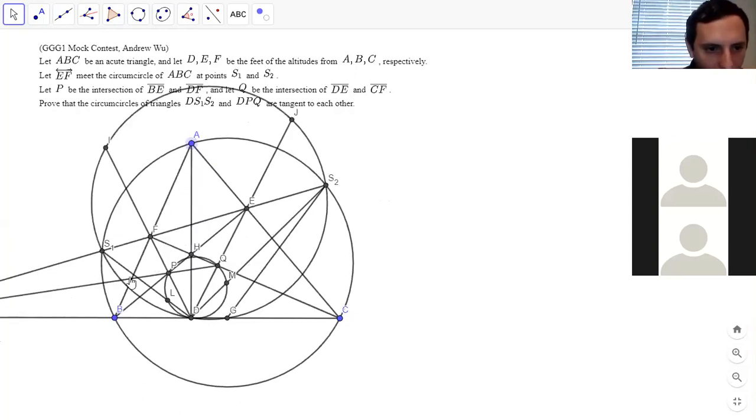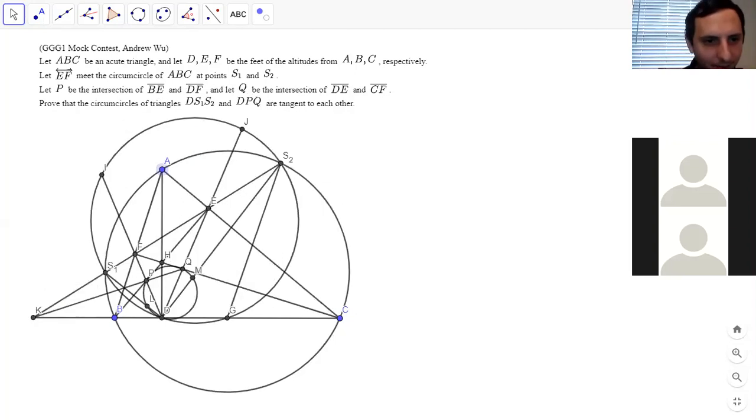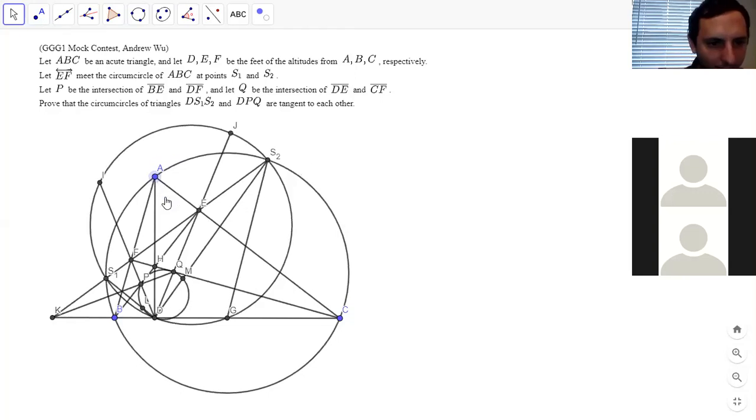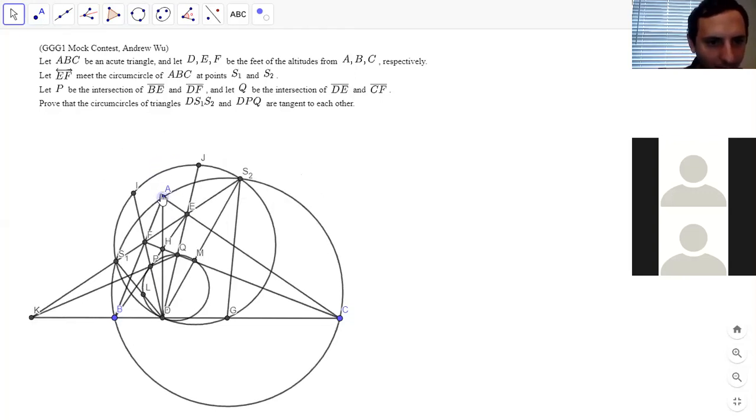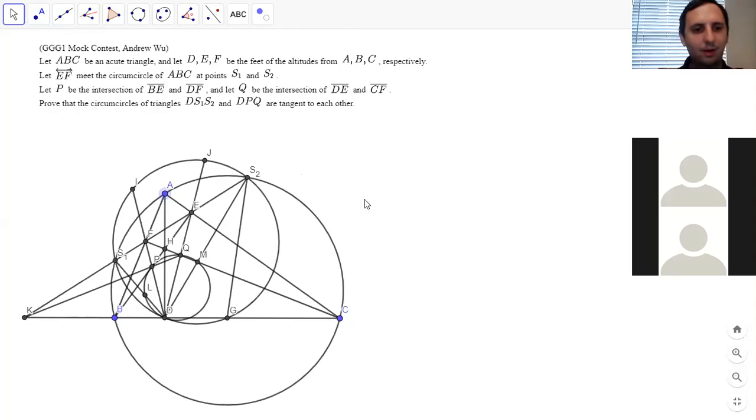Oh, these are not concurrent here. Yeah, it looked like it, but I'm not sure how to draw it so that they don't look concurrent. I guess that's all. You can delete these. I think they are useless. Delete L. Yeah. Okay.